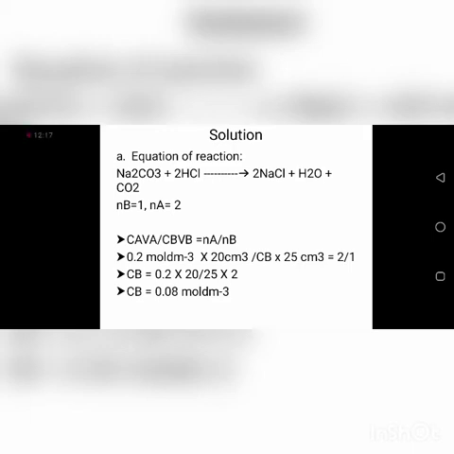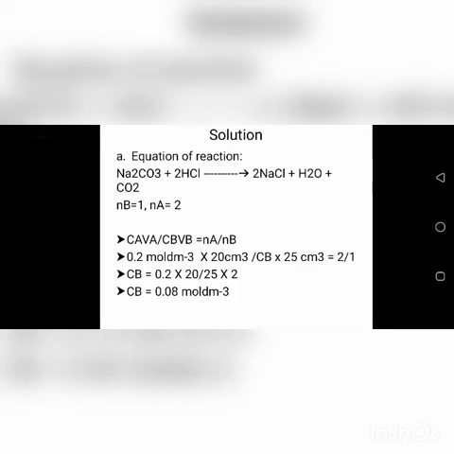By applying the formula, CAVA over CBVB equal to NA over NB, and we are asked to calculate the molar concentration of the base, of the pure base. And when you substitute your values, the concentration of acid is 0.2 times volume of acid is 20, divided by CB, that is the concentration of the base, times VB, volume of base, which is 25, is equal to number of mole of acid 2 to number of mole of base 1.